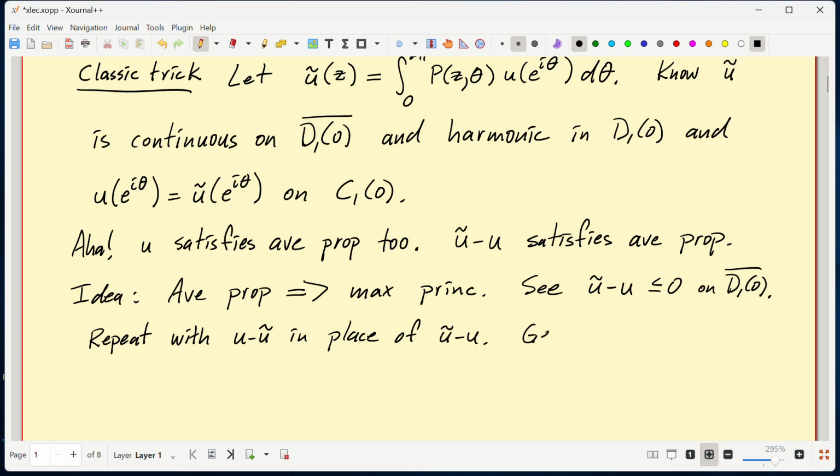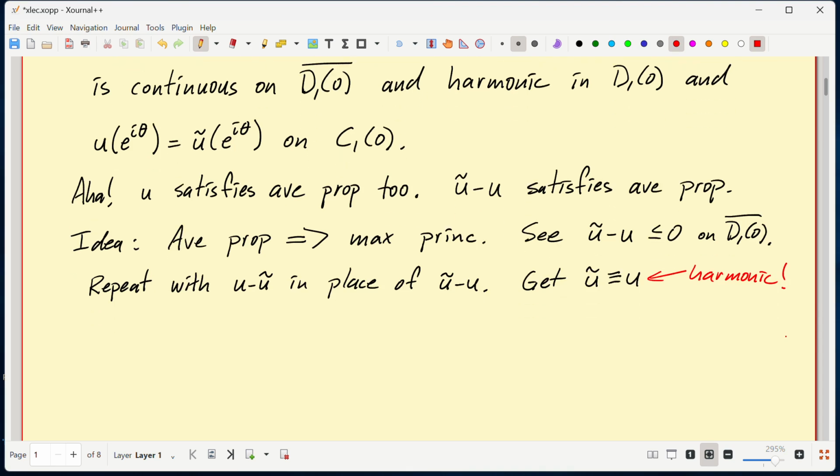You'll get that u twiddle is identically equal to u, and this one, of course, is harmonic, so u is harmonic. So that's going to work. Okay, so let's see. This is the idea. Now here's the details.